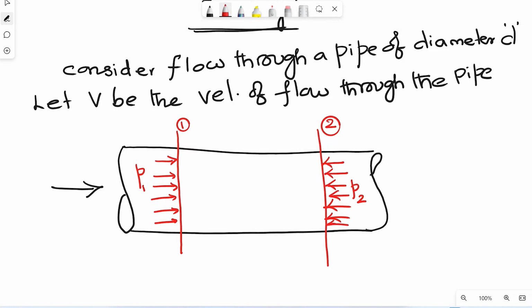So the flow in this pipe is subjected to the pressure forces at both the sections and also the frictional resistance. So this is the frictional resistance. If I call this as F, these are the three forces actually.